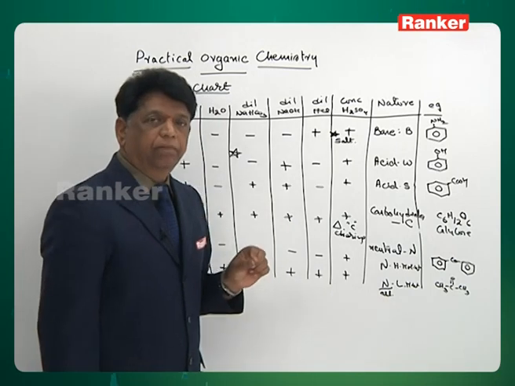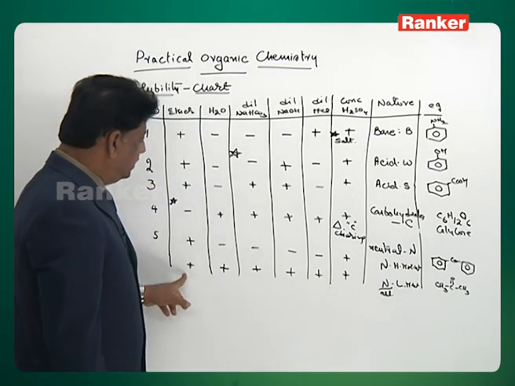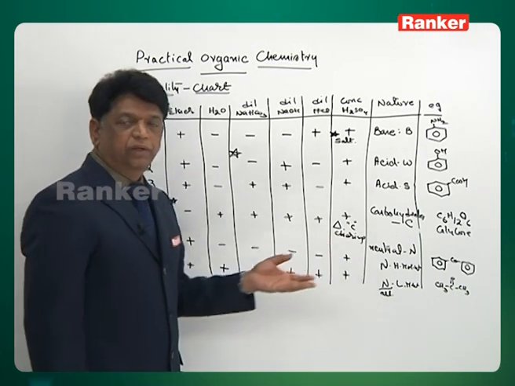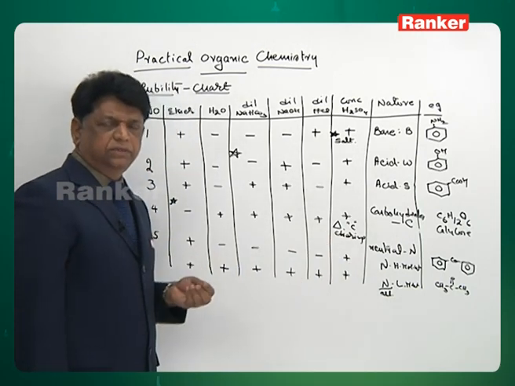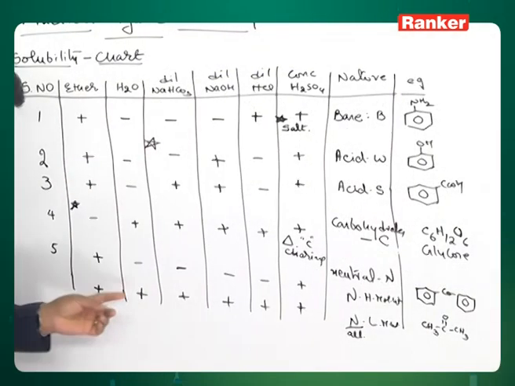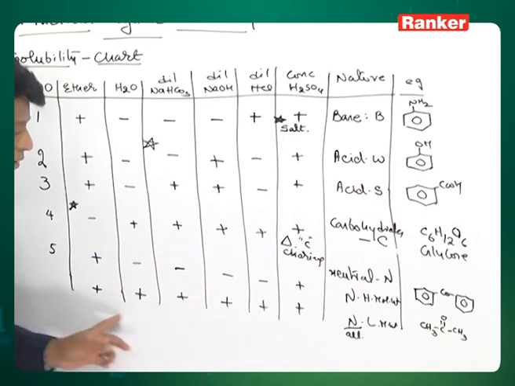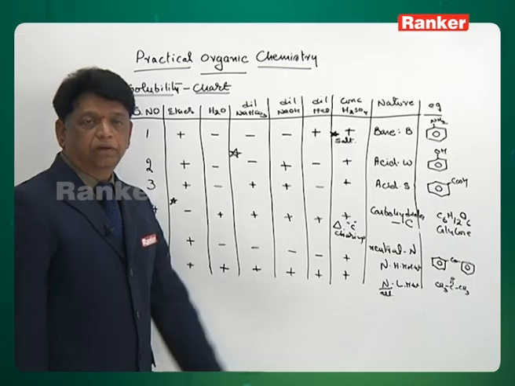But if you take methylamine, it is soluble in water, soluble in ether, soluble in all the compounds. So all low molecular weight compounds which can show hydrogen bonding have no partiality: soluble in ether, soluble in water, hence soluble in all other compounds also.